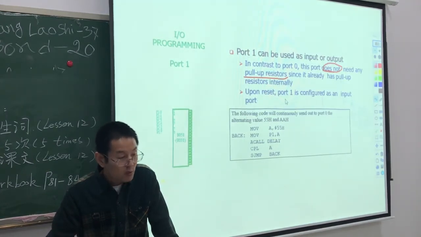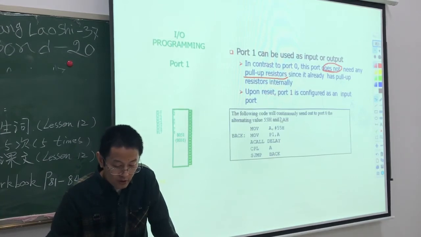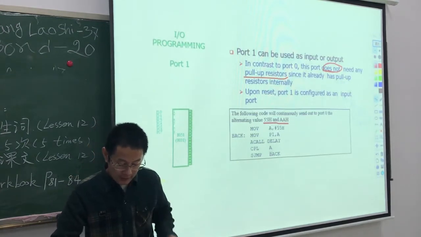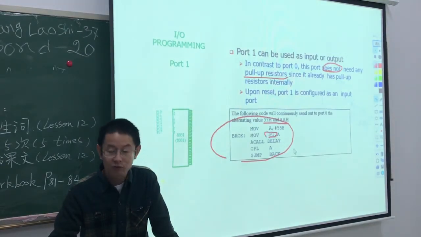Upon reset, port 1 is configured as an input port. The following code will continuously send out to port 1 the alternating values of 55H and AAH. This is an example of writing to port 1.